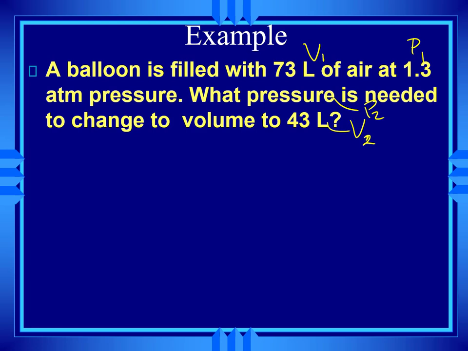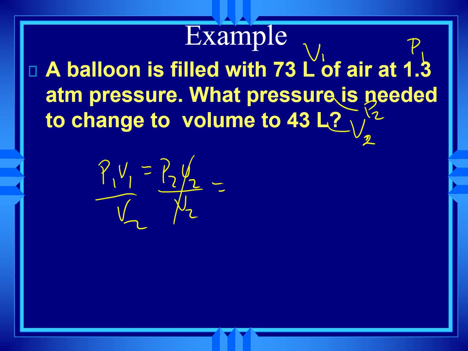Anybody know of an equation with those pieces in it? Okay, that would be P1 V1 equals P2 V2. Now we're solving for P2, so I want to divide both sides by V2.